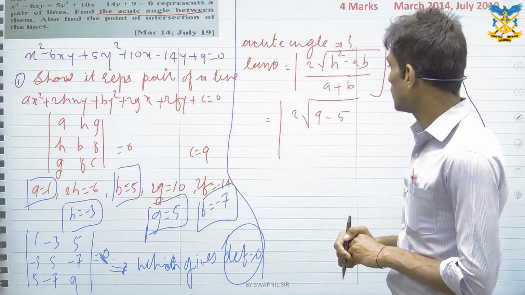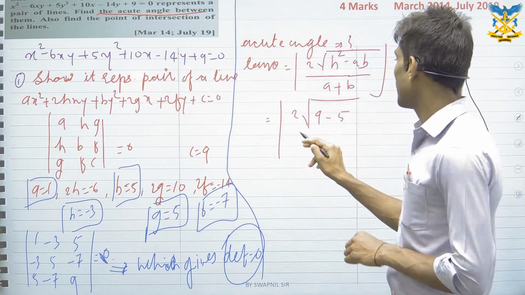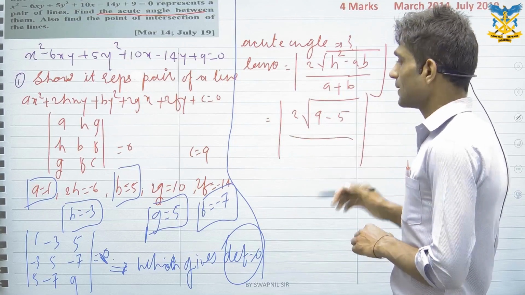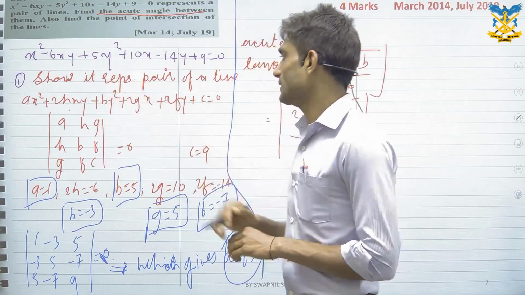So h is minus 3, so 9 minus 5 divided by a plus b, where we have a as 1 and b as 5, 1 plus 5.